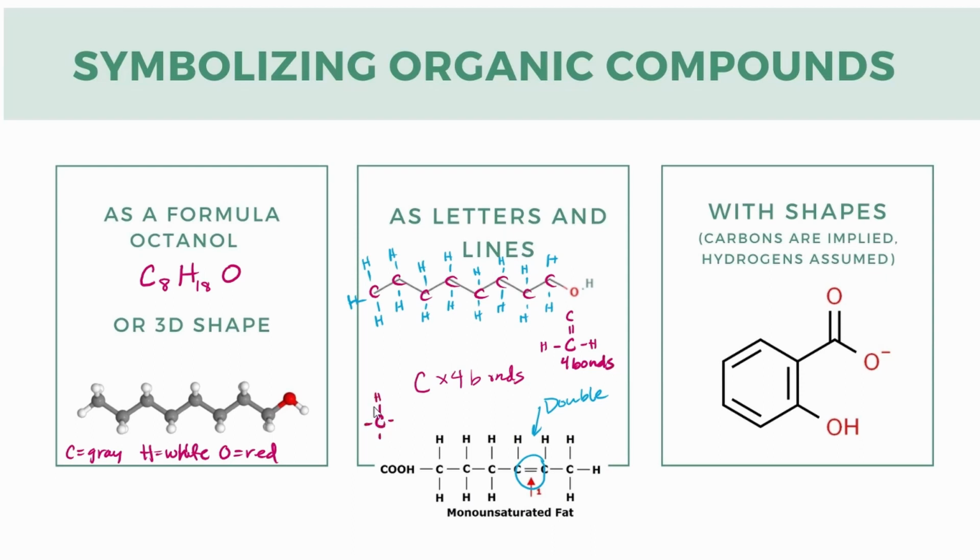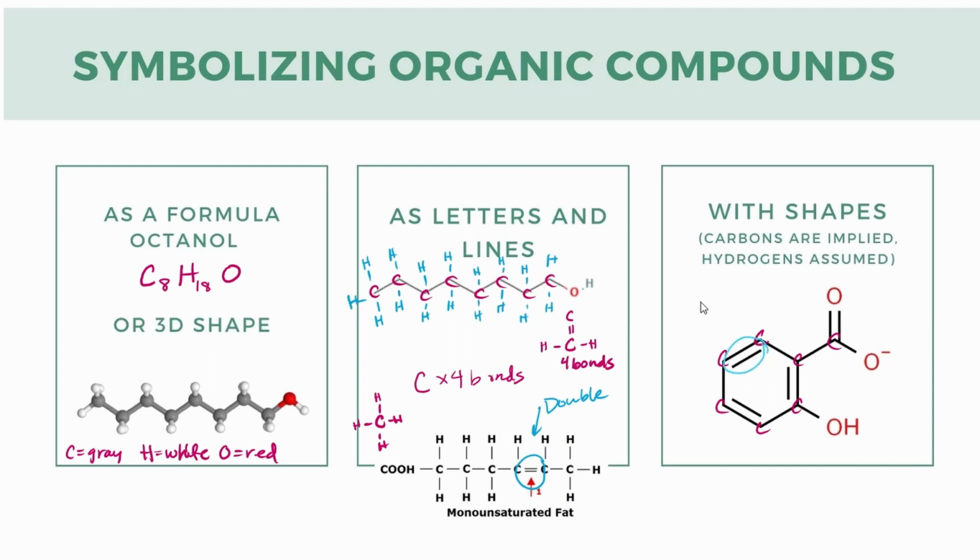Here's an example of a salicylate, and you can see that there are points on the hexagon. We can assume that there is a carbon at each point, so you have 6 carbons in that little ring. You have some lines that are single, which imply a single bond, and some lines that are doubles, which are double bonds.